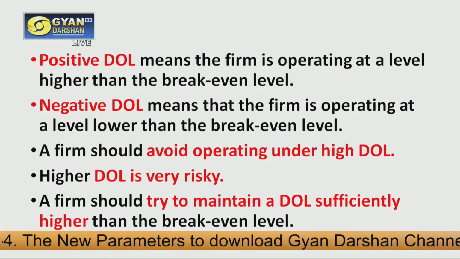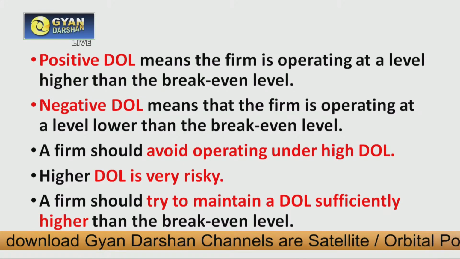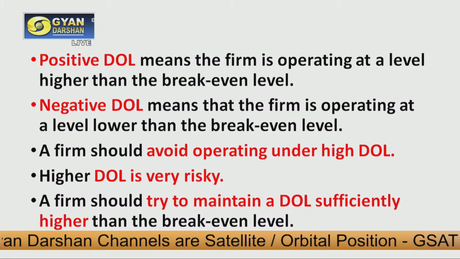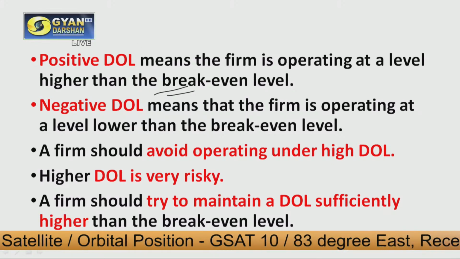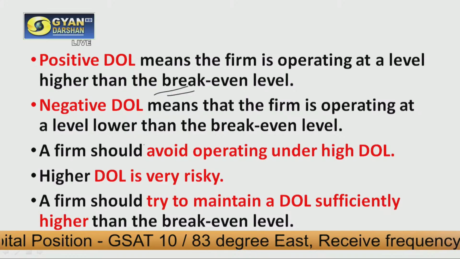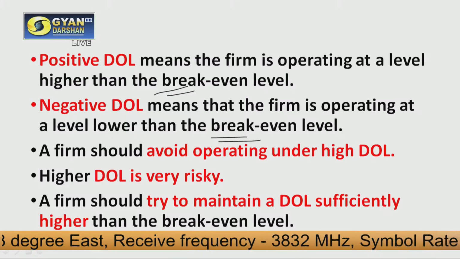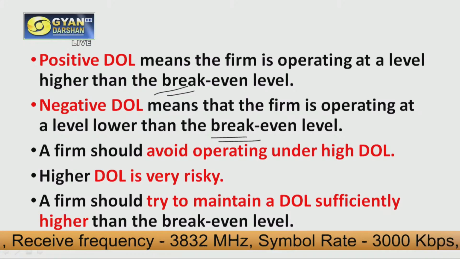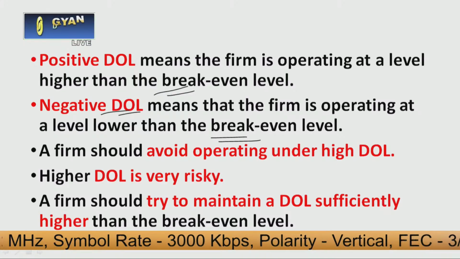Then there is a term called positive operating leverage. Positive operating leverage means the situation when the firm is operating at a level higher than break-even level. So whenever the firm is operating over and above break-even level, they are dealing with positive operating leverage. Whenever the firm is operating lower than, or is not able to meet, break-even level, in that case they are dealing with negative operating leverage.